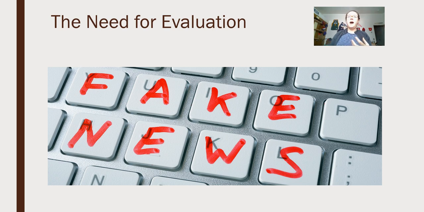So we live in this hashtag fake news, post-truth type of society where we always want to make sure that the information that we are reading and engaging with and incorporating into our own writing reflects the most accurate information possible. Because information is now so easy to circulate, we really can't trust everything that we read as we might have been able to do in years past.